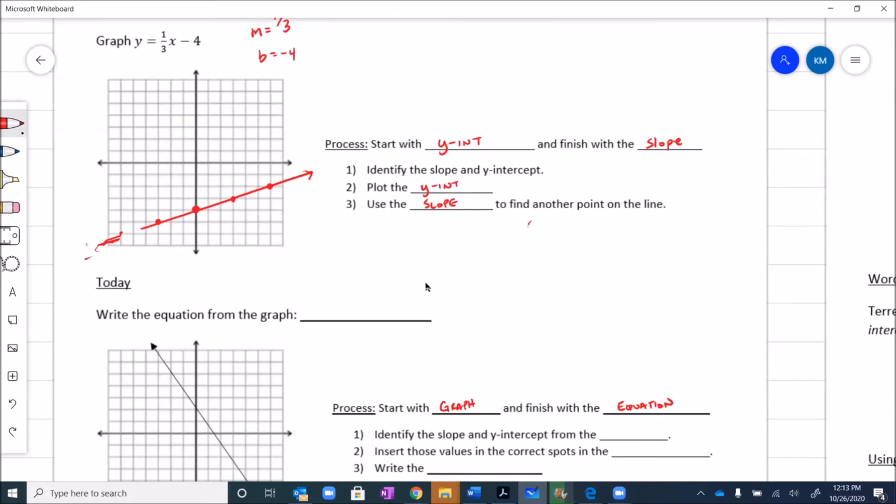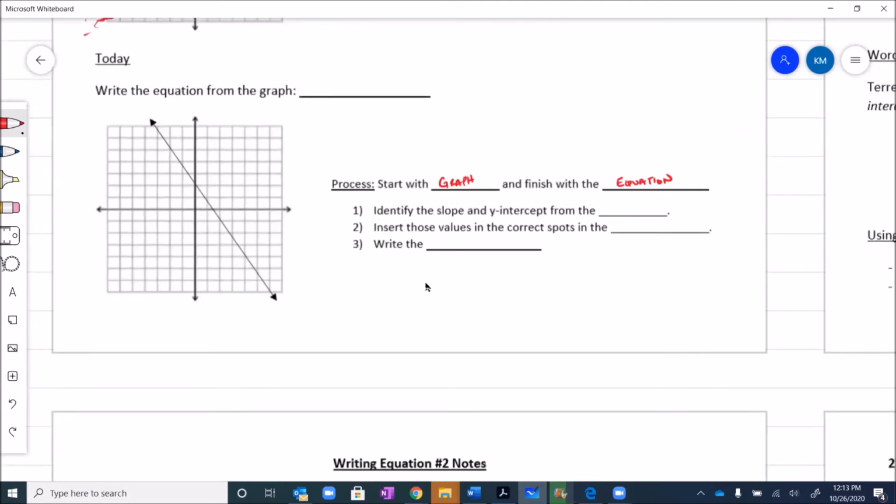And up here, we started, not with the y-intercept and slope because we already talked about that, but up here we started with the equation and finished with the line or graph. And now down here, we're starting with the graph and finishing with the equation.